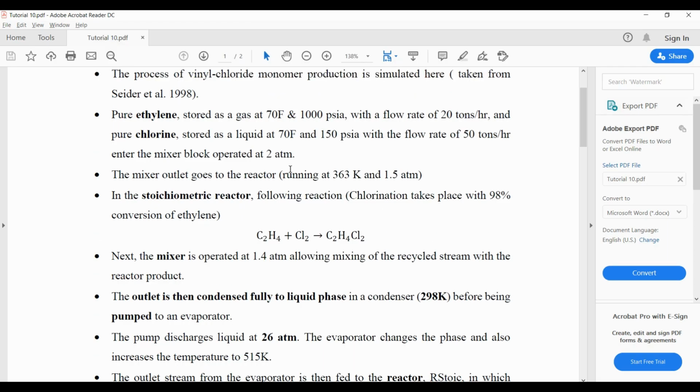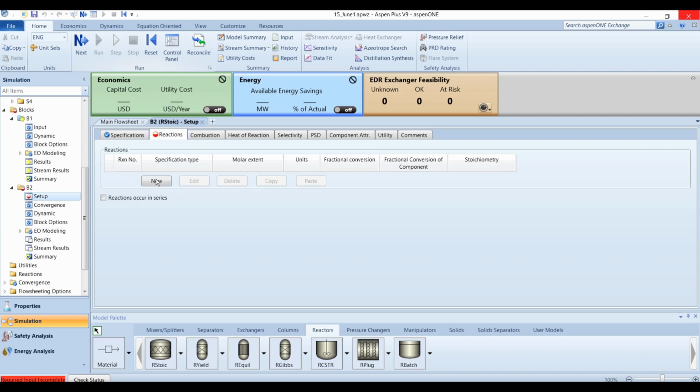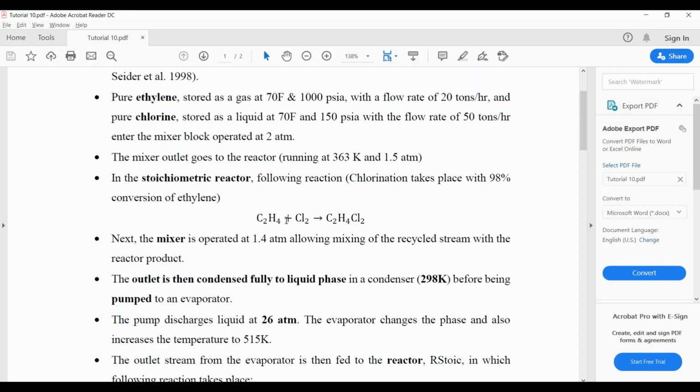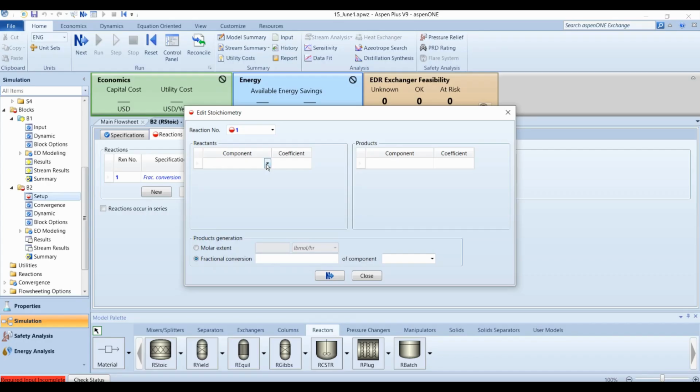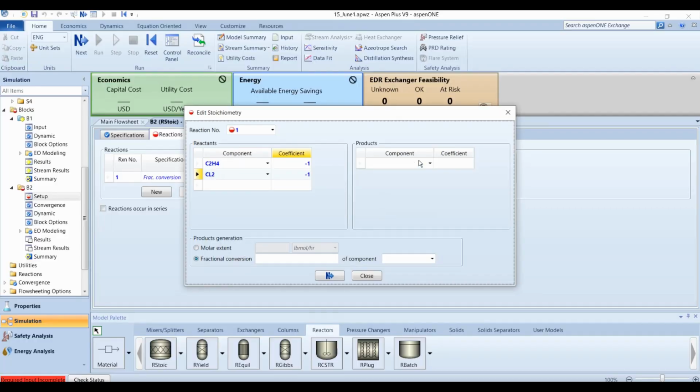The temperature and pressure of the reactor is given as 363 Kelvin and 1.5 atmosphere. Once this is done, we can click on next and we can fill up the reaction. The reaction is given in the tutorial. The chlorination of ethylene takes place. Select ethylene plus chlorine with a coefficient of 1 each, and the product is C2H4Cl2.